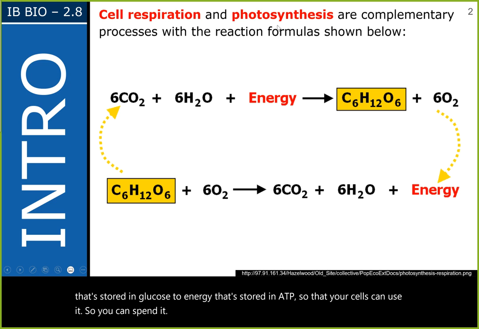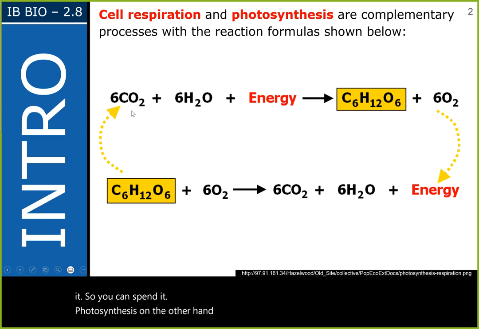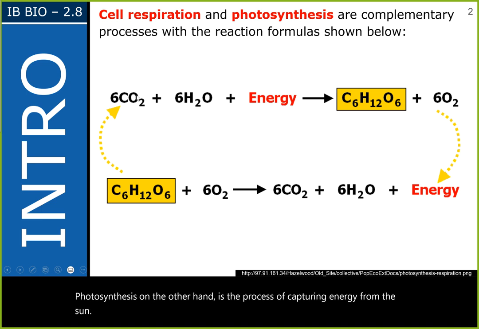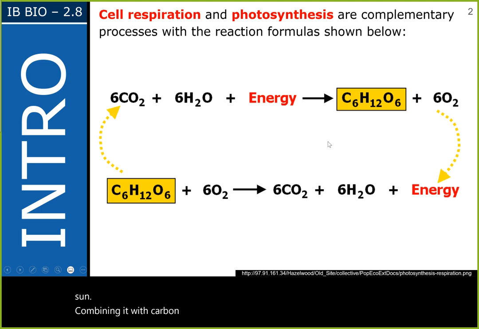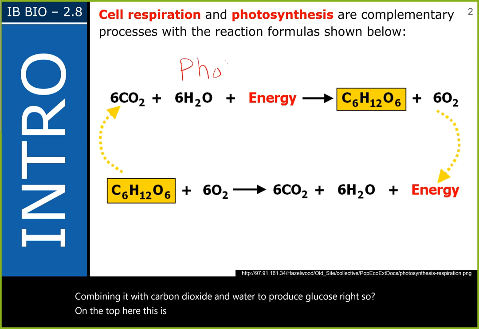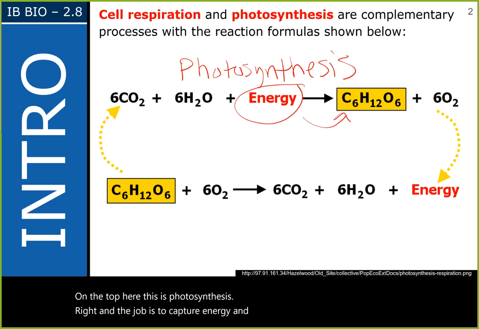Photosynthesis, on the other hand, is the process of capturing energy from the sun, combining it with carbon dioxide and water to produce glucose, right? So on the top here, this is photosynthesis, right? And the job is to capture energy and store it in glucose.